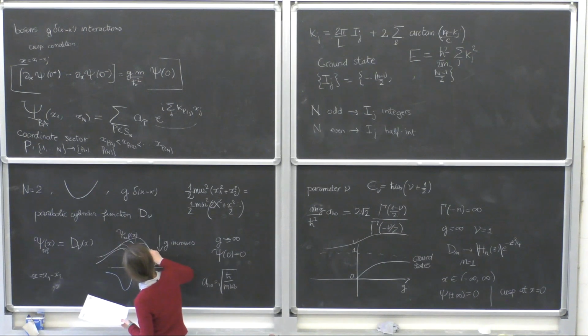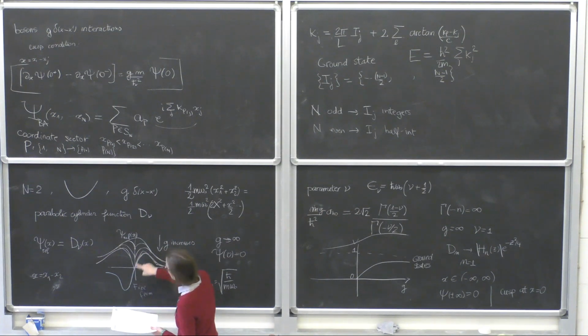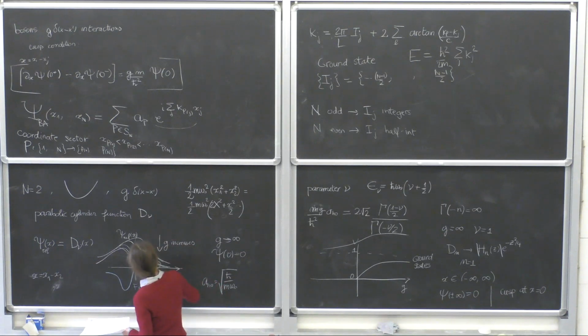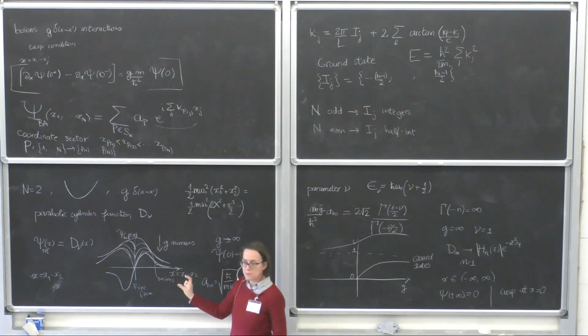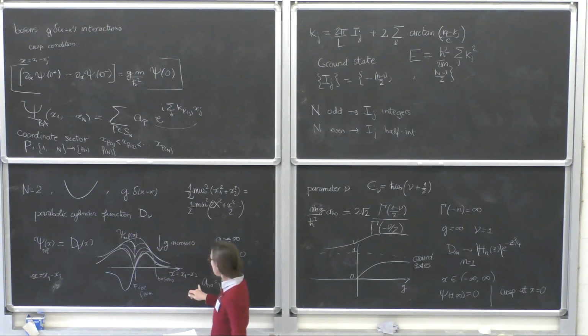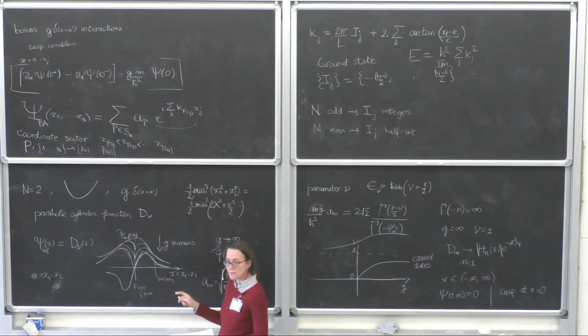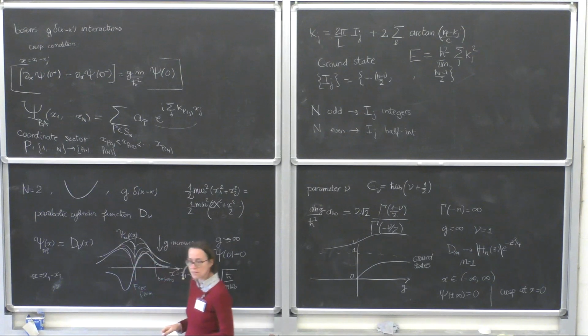So free, non-interacting fermions would be this blue line, and the bosons, the red line. And by the way, this coincides with what we want. Recall that this is the relative coordinate. When we exchange two fermions, the wave function changes sign. It becomes negative here. While when I exchange two bosons, the wave function has the same sign, and this is the case for the red curve.